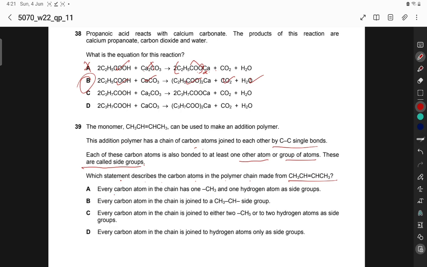Every carbon atom in the chain has one CH3 and one hydrogen atom as a side group. This is correct, like this: CH3, H, C, CH3, H. So this is the correct polymer. So option A is correct.